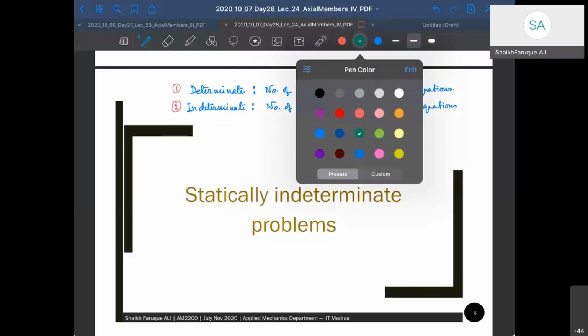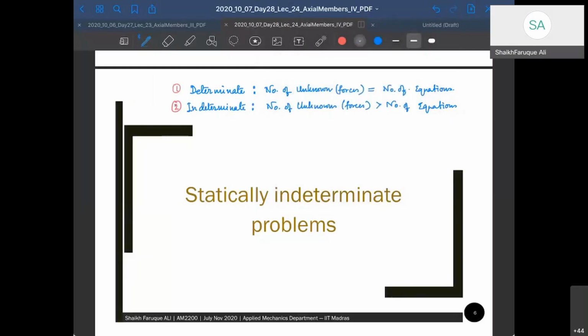In those cases, we make use of extra equations, which are obtained using compatibility conditions, which are generally geometric in nature.